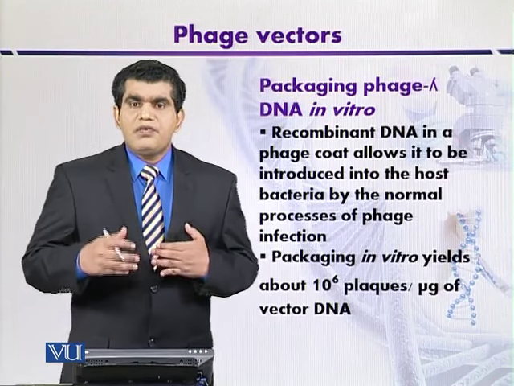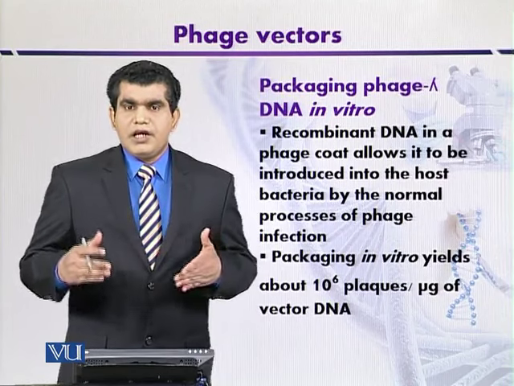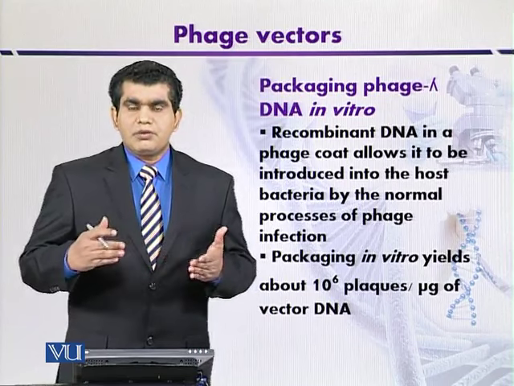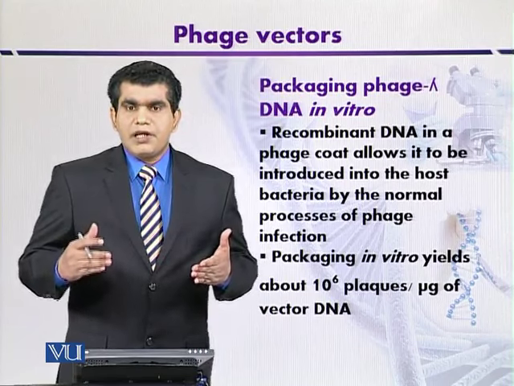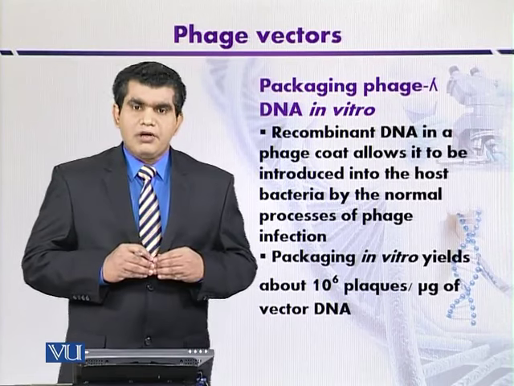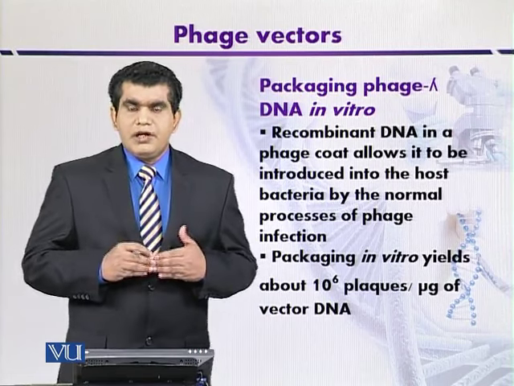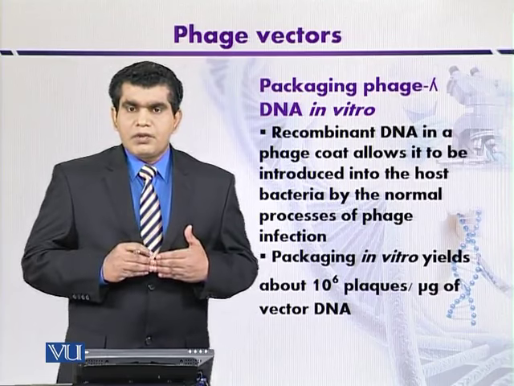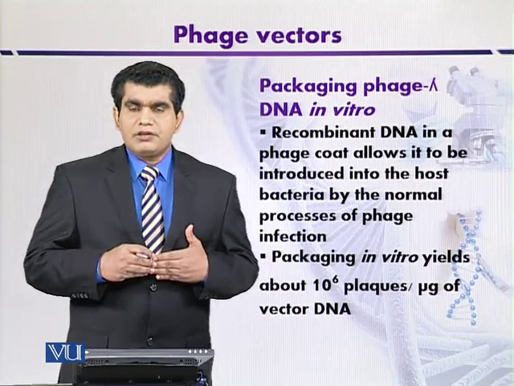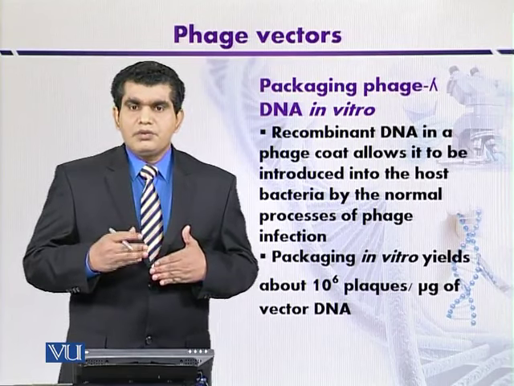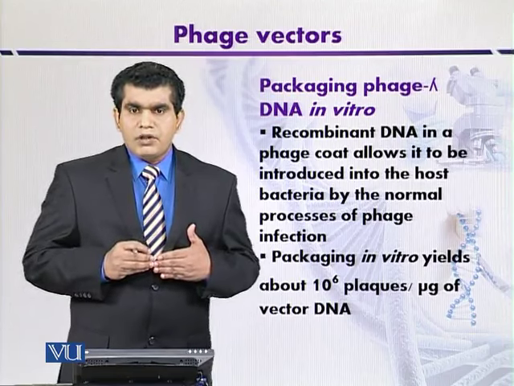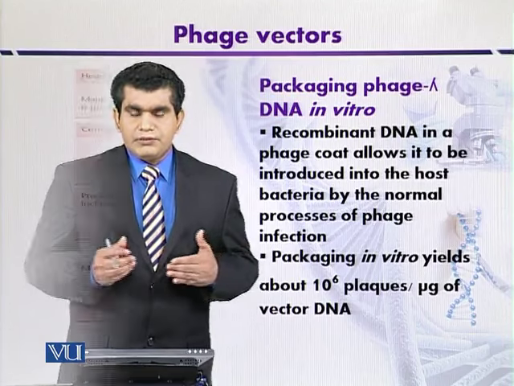And by using modified lambda phages, the examples that I have already quoted, the frequency can again be increased up to 10⁶ plaques per microgram of lambda DNA or the vector DNA. So in this way, the number of plaques formed may be reduced or even optimum if we use modified lambda phages.